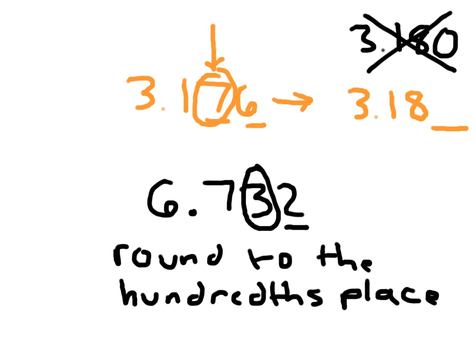You would circle that 3, underline the 2, and come up with our answer. And again, you can't put the 0 there in your answer. 6 and 732 thousandths rounds to 6 and 73 hundredths. My answer is reasonable. It makes sense. And that's how we round decimal numbers.